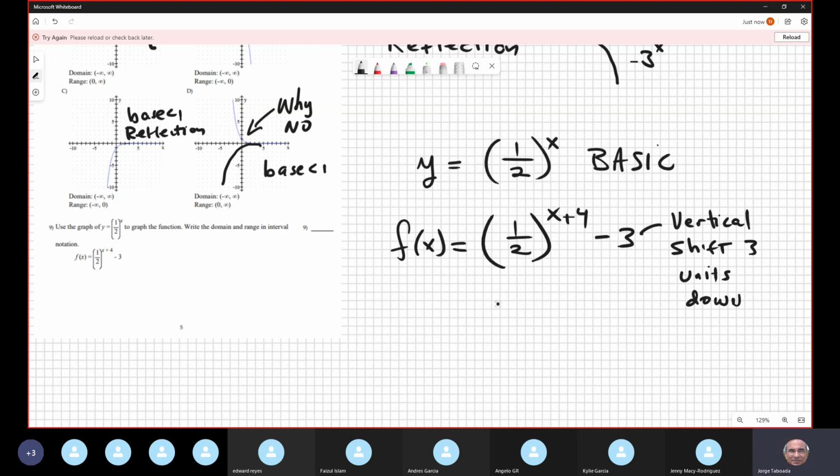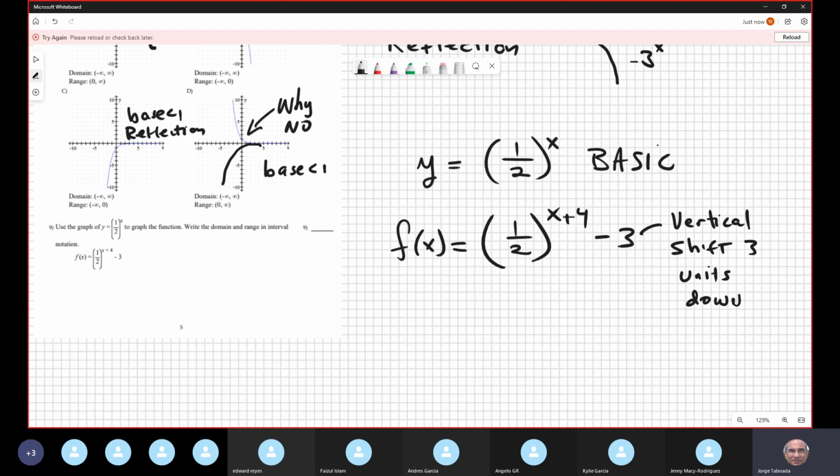And what more transformations do you see? One more. Plus 4, no? And what is plus 4? Nobody knows?